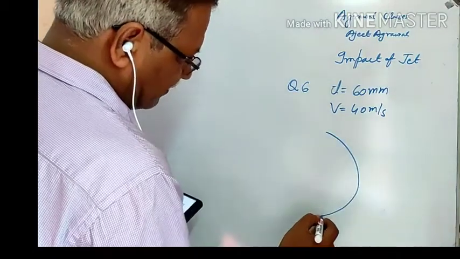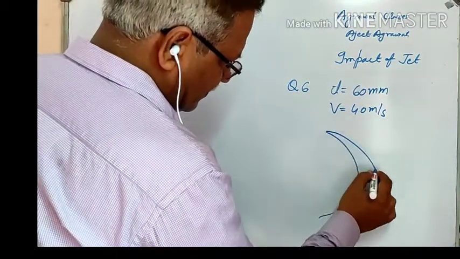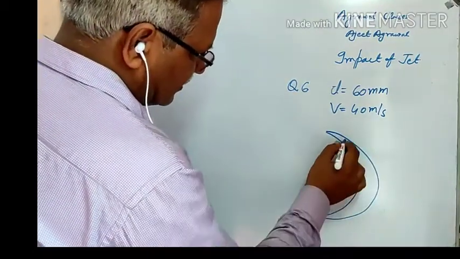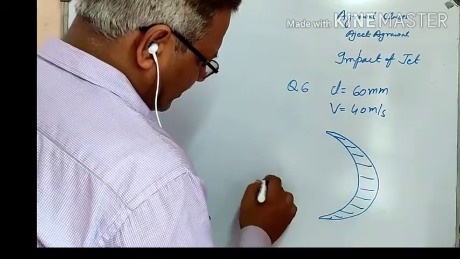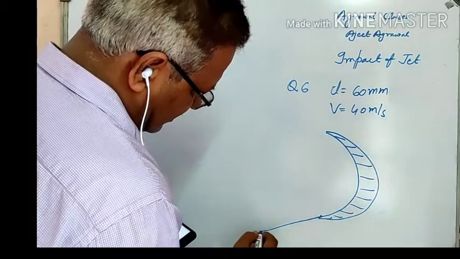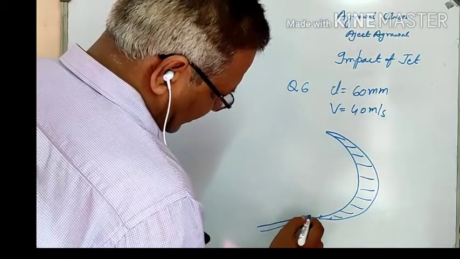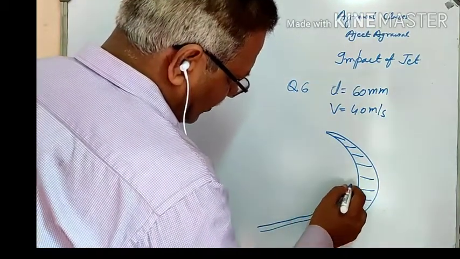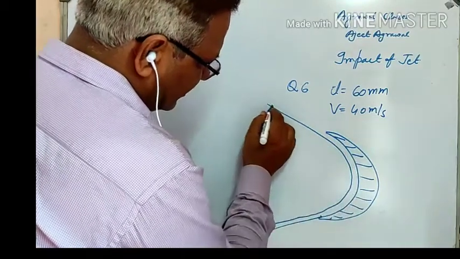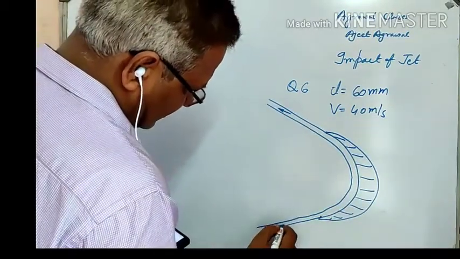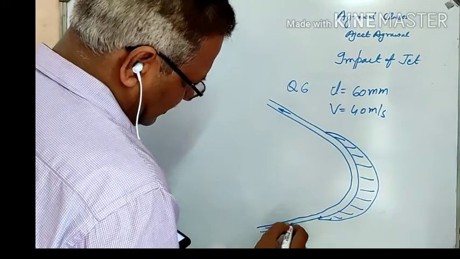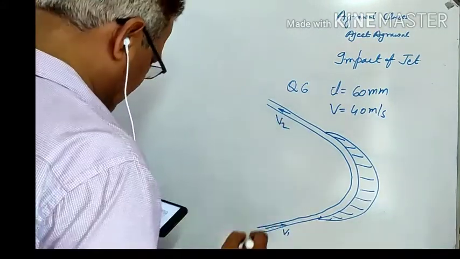So say this is the plate, and the jet is striking tangentially at one end and is going out tangentially with the other end. So this is V1 and this is V2.